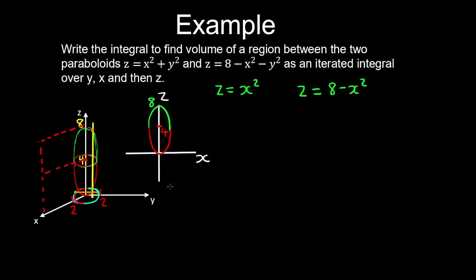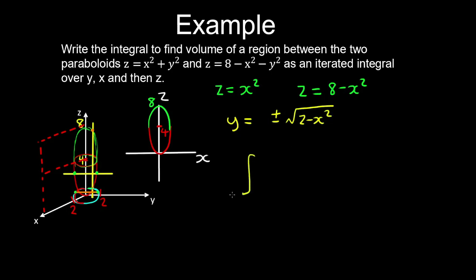So to integrate over y first, we take a line that's parallel to the y-axis, so that enters the region at this point and exits the region at this point. So if we write the equation for the paraboloid in terms of y, we get y is plus or minus the square root of z minus x squared.